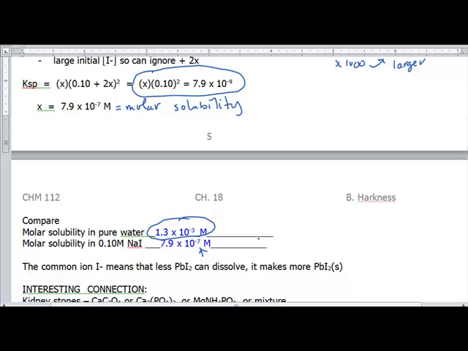So in a solution with a common ion, the solubility decreases because of that shift in equilibrium. So we have a decrease in the molar solubility with a common ion.